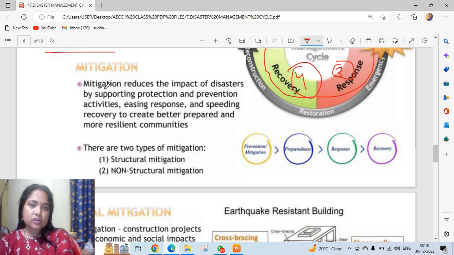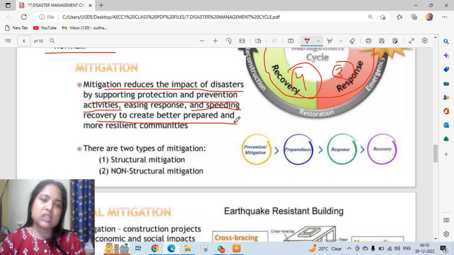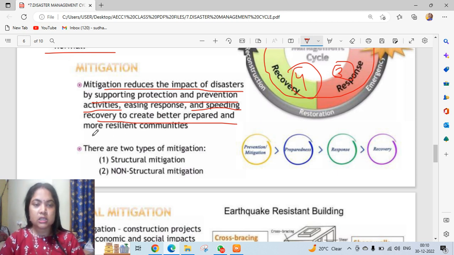So mitigation reduces the impact of disasters by supporting protection and prevention activities, and speeding recovery to create better prepared and more resilient communities. Resilient means what? Here is one word, resilient.